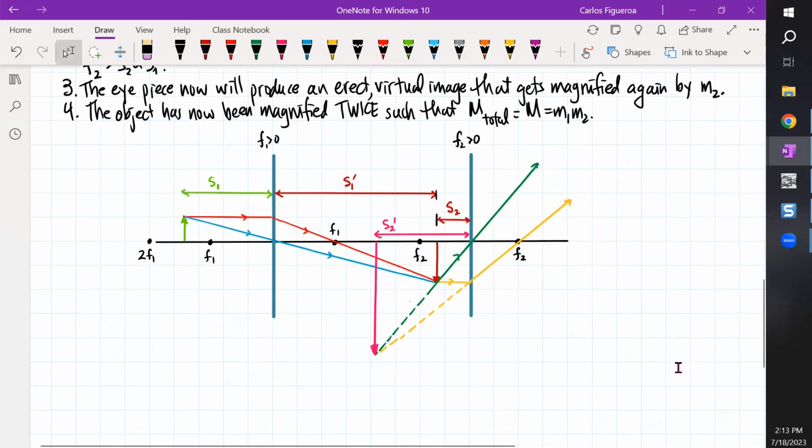So I'm saying that this here is my final image. So what do I know?